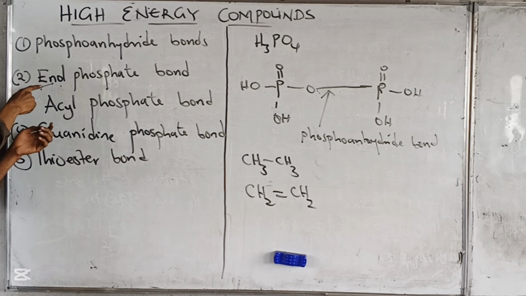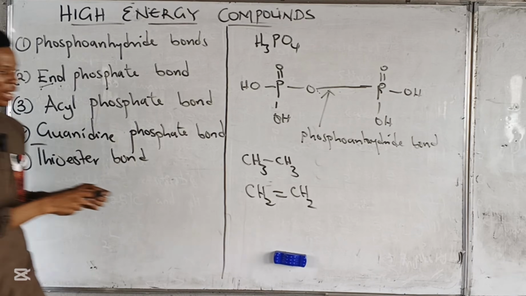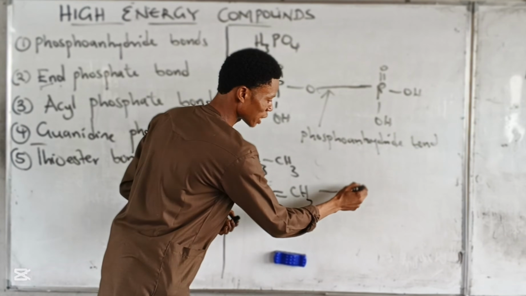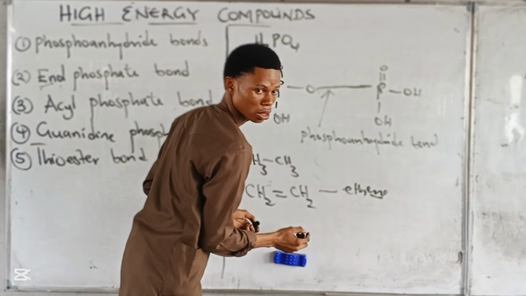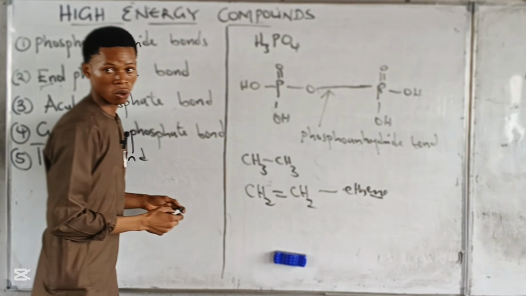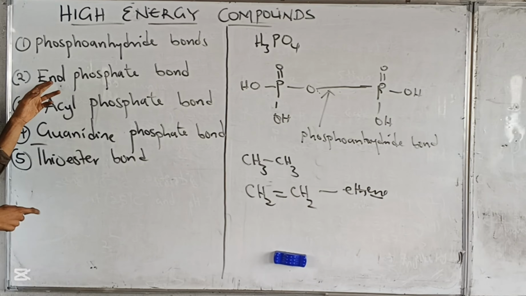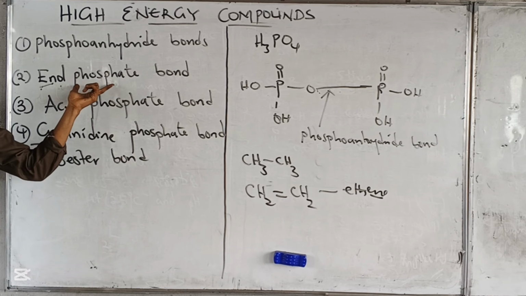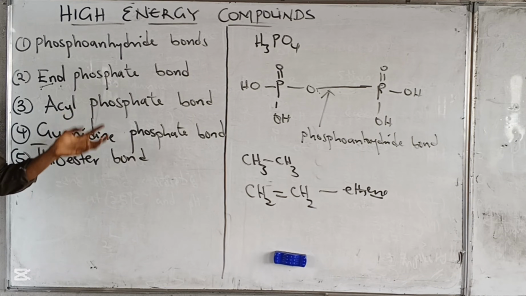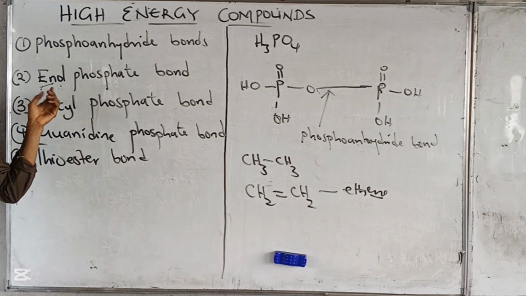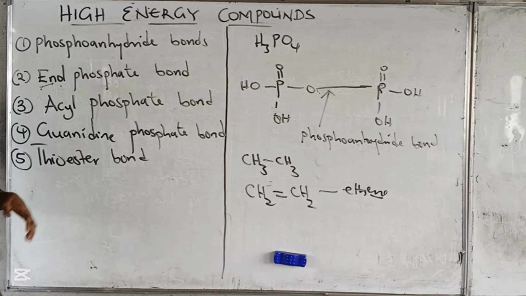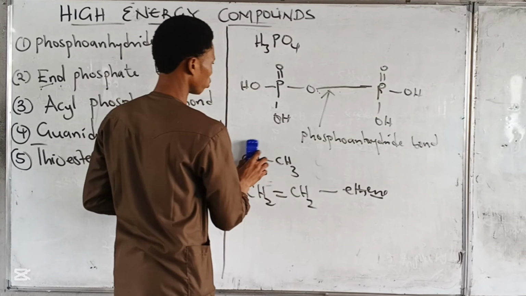So if we want to draw the enol phosphate bond, it is formed between a phosphoric acid's associated group and a hydroxy group of a carbon bearing a double bond. Without much story, see what I mean?